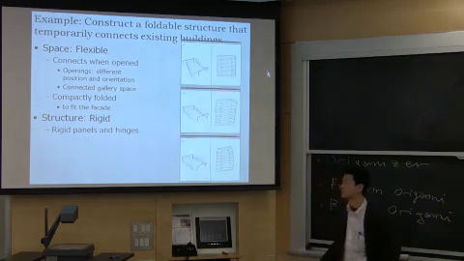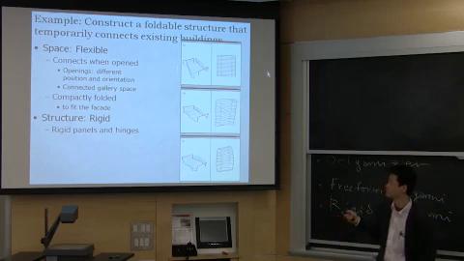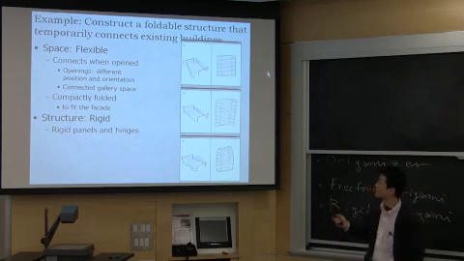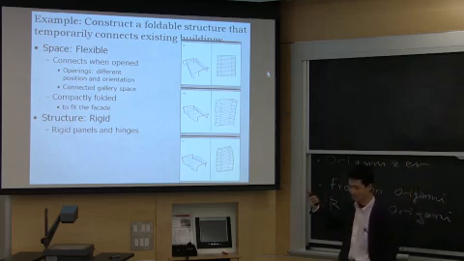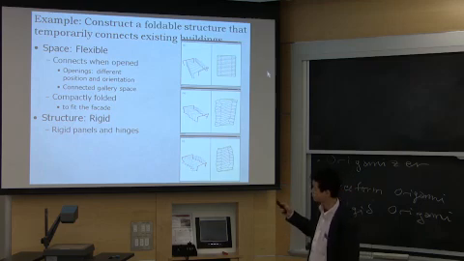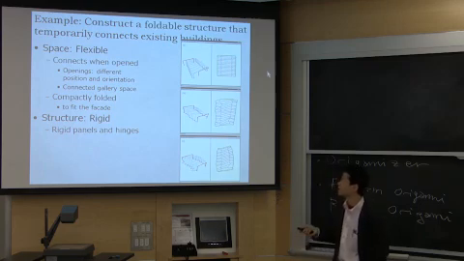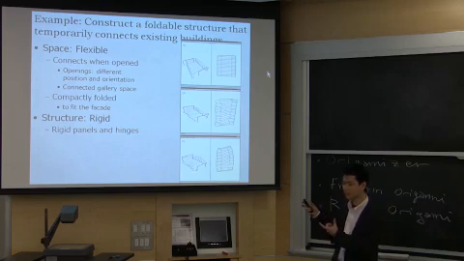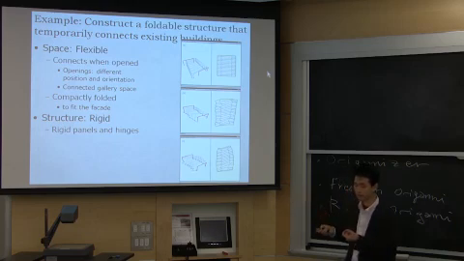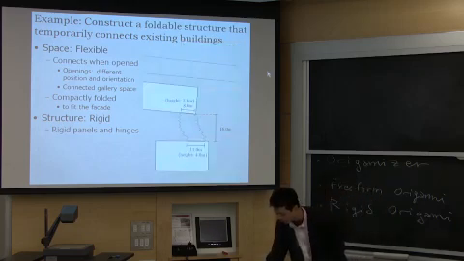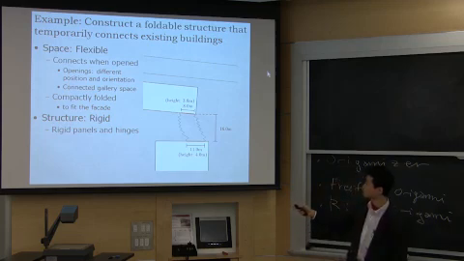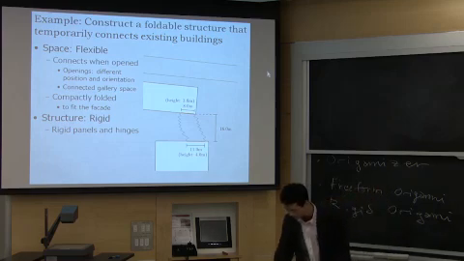So in order to solve that kind of problem, we can use freeform origami to design to fit the condition. These red lines are the openings of two buildings that are actually not parallel, and the sizes are different.